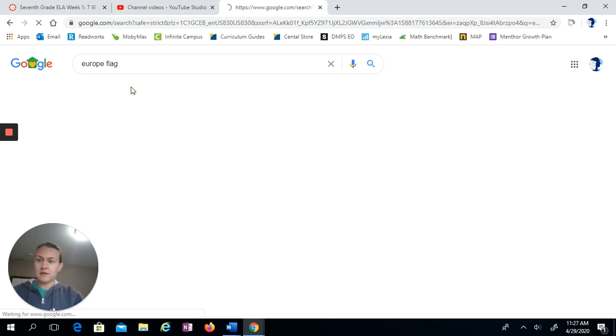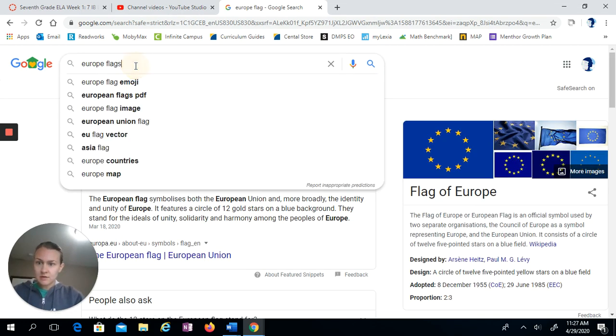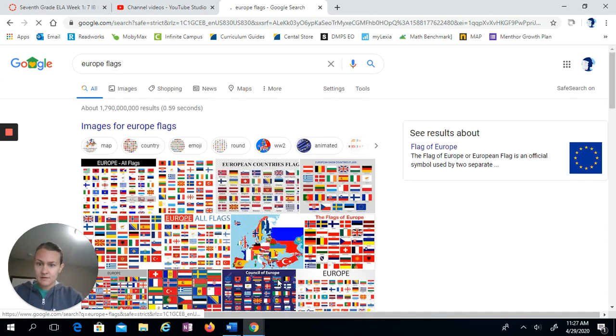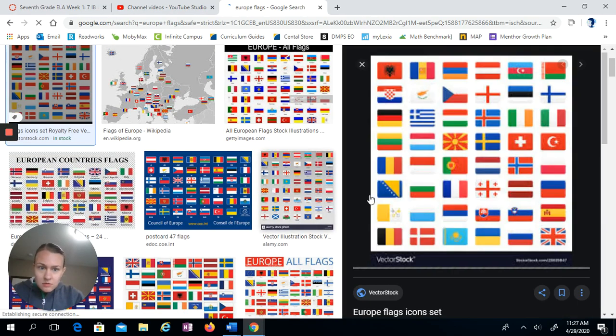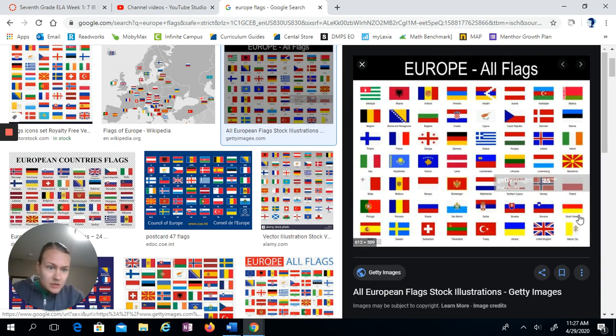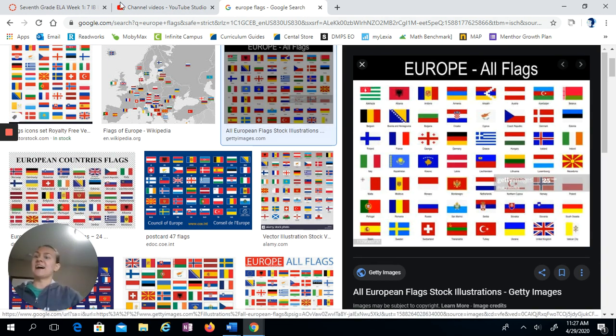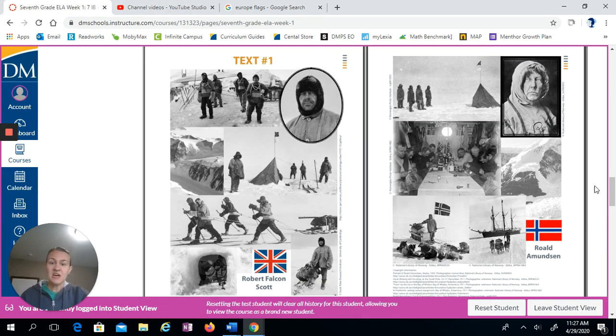Europe flag. Oh, perfect. Oh, maybe not. Okay. Right here, Denmark. Aha. So that is the Denmark flag. So we can assume that these are people from two different countries.